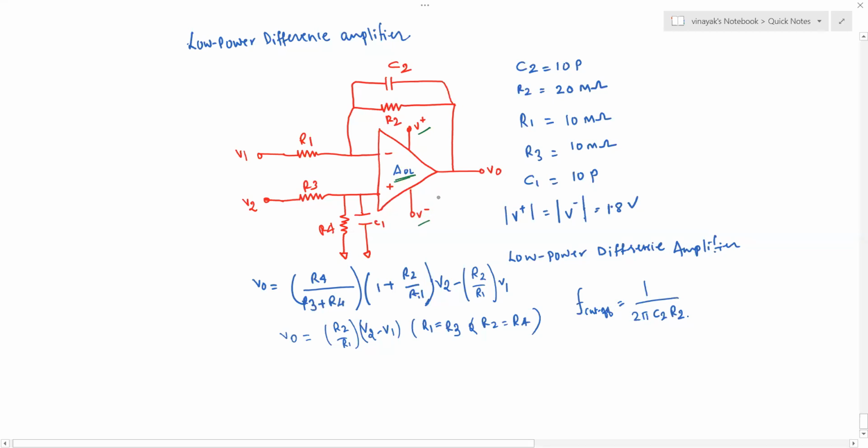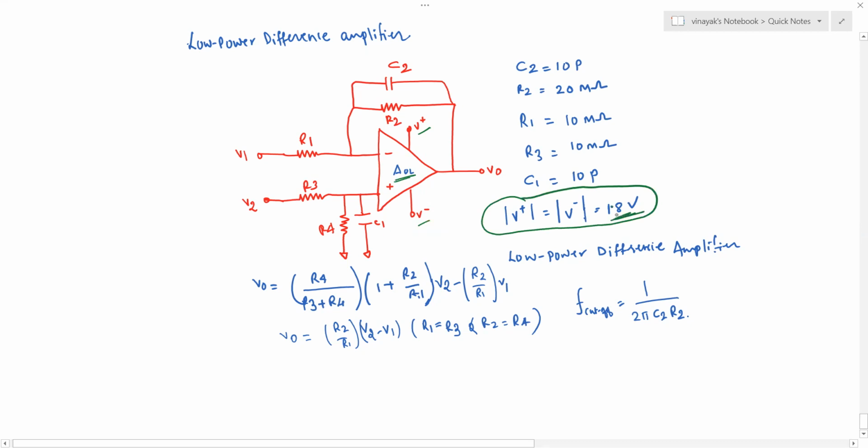So if I wish to design a low power difference amplifier, the operational amplifier will be operated with the lowest possible supply voltages. So I have chosen V plus and V minus equal to 1.8 volts.